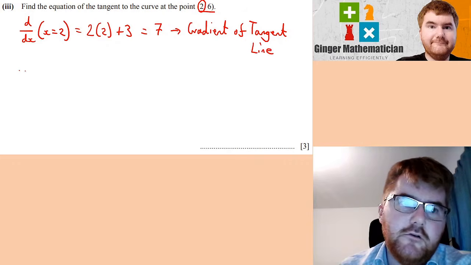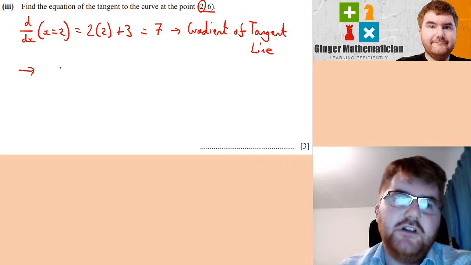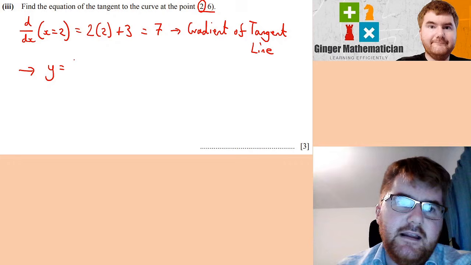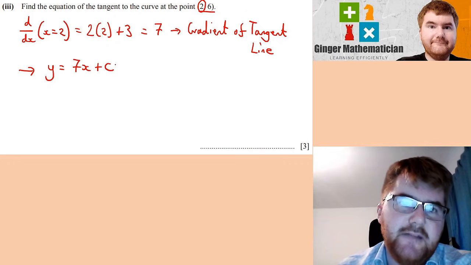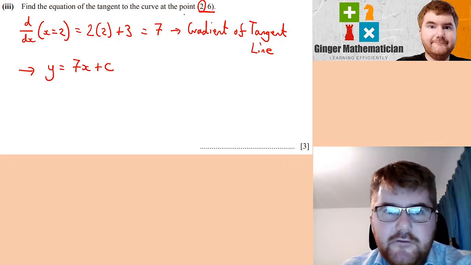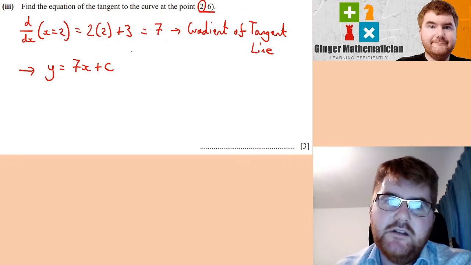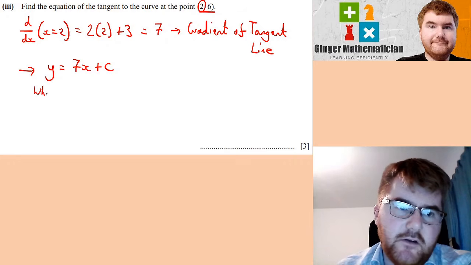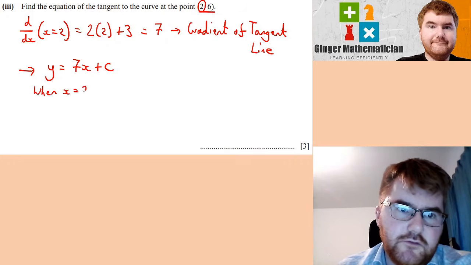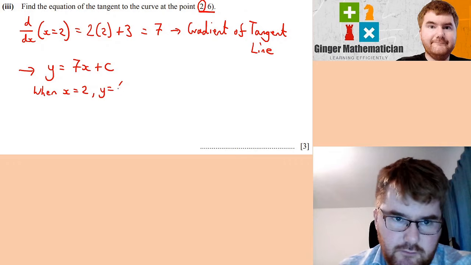And therefore, this tangent line is going to have the equation of y equals 7x plus c. We have a nice coordinate given already, which is very, very helpful. So we can actually work out the c. So when x is equal to 2, y is equal to 6.